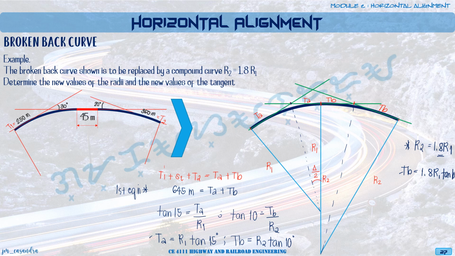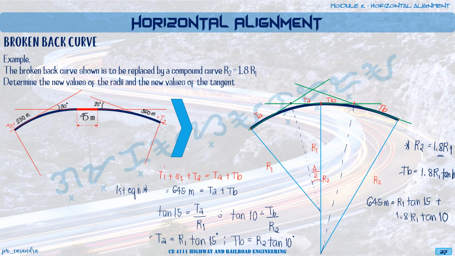we could substitute now TA and TB in the first equation. So that is now written as 645 meters is equal to R1 tangent of 15 plus 1.8 R1 tangent of 10. So one unknown, we can now solve for the value of R1.